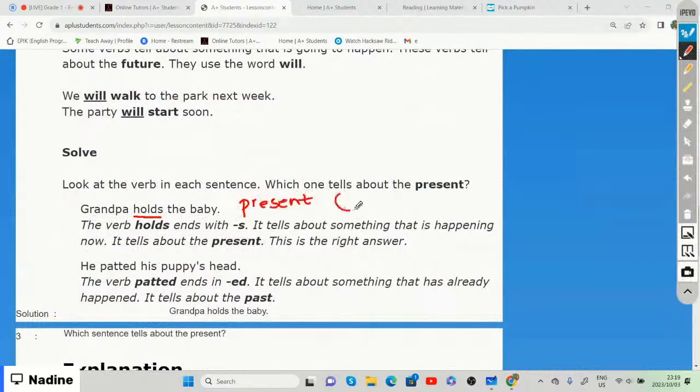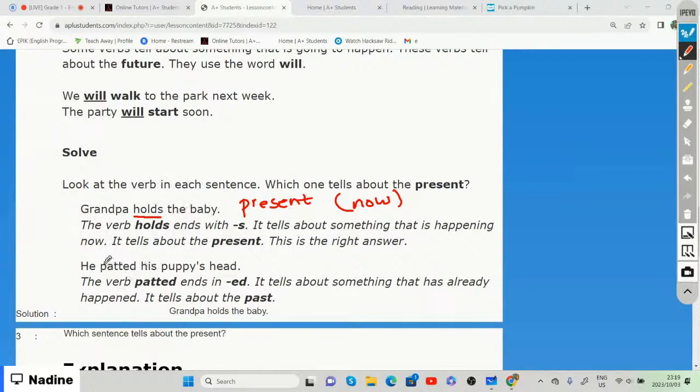It's happening now. We don't have to say grandpa is holding the baby now. We can just say grandpa holds the baby. And remember, we said that with the present, either the verb is ongoing, or we add an S, right? There we add an S to hold, holds the baby. This is something that is happening now, and it tells us about the present.